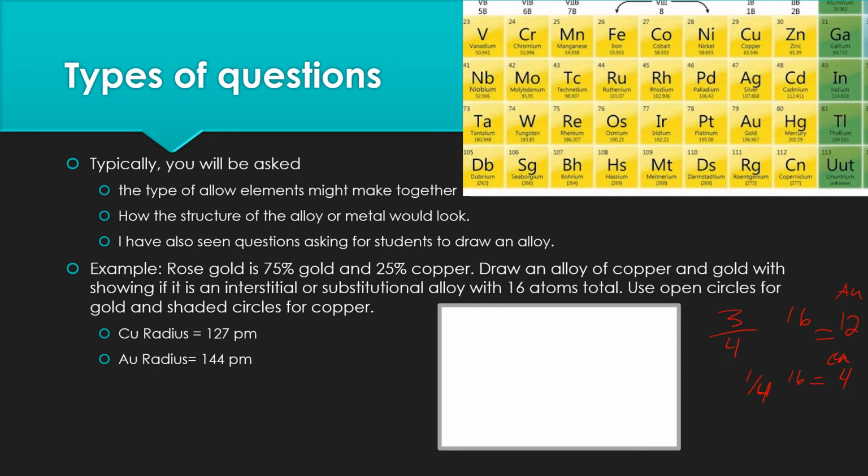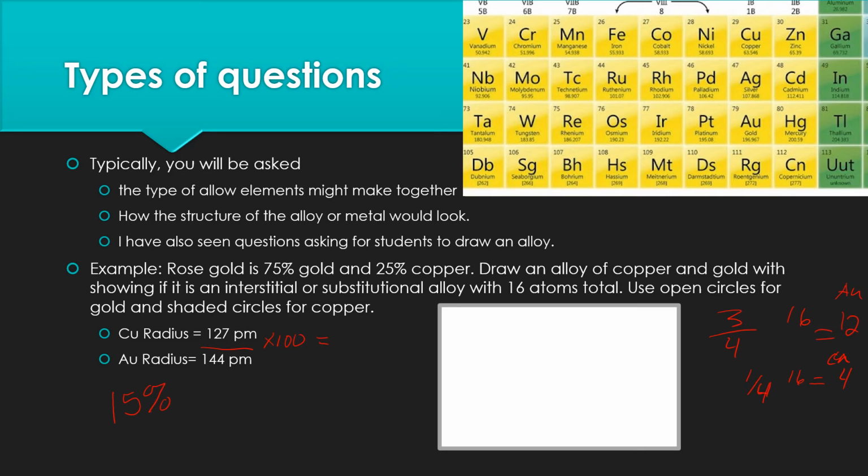Over here, they also give us the radius of copper and gold. Now, we want to determine what kind of alloy it is. Well, for it to be substitutional, they need to be no more than 15% different in their size, in their radius. So the way we can figure this out is we can just divide these two numbers and multiply by 100 and then see what percentage copper is of gold in terms of the radius.